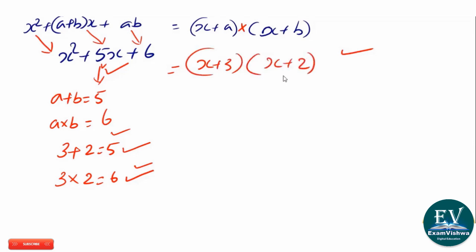And it should be right, because if (x plus a) into (x plus b) is equal to x square plus (a plus b) into x plus ab, the same way this will be x square, in place of a plus b, 3 plus 2 is 5, and in place of ab, 6. So we got an idea that what we studied earlier is connected with what we are studying now, where we are studying factorization.